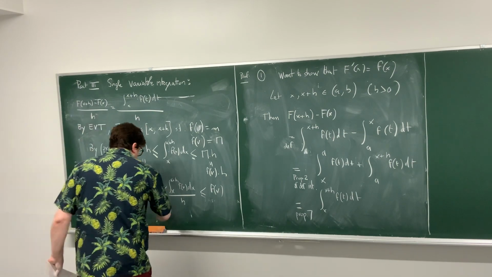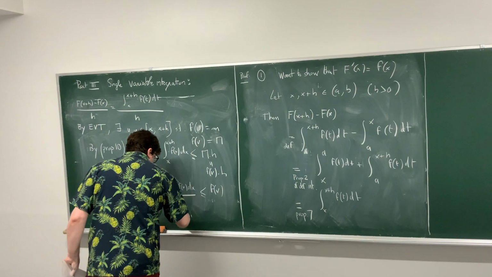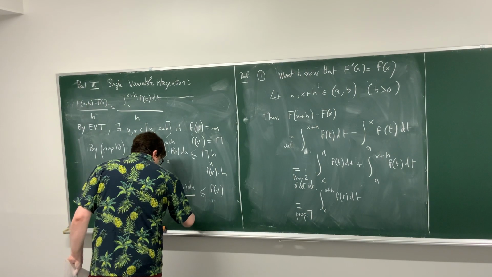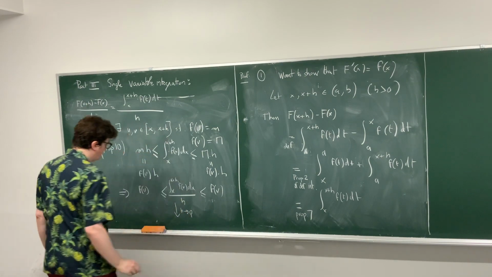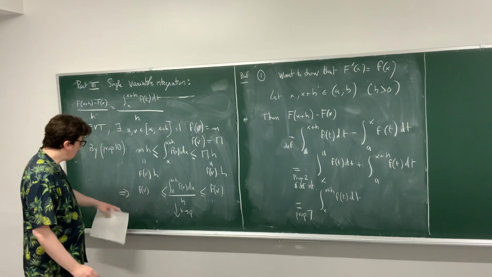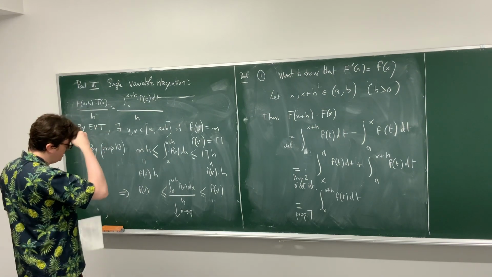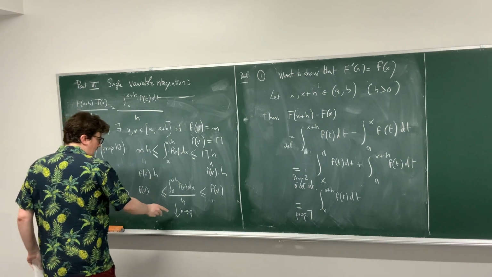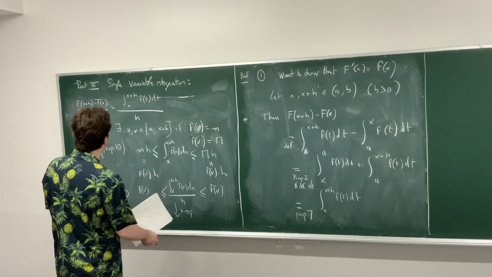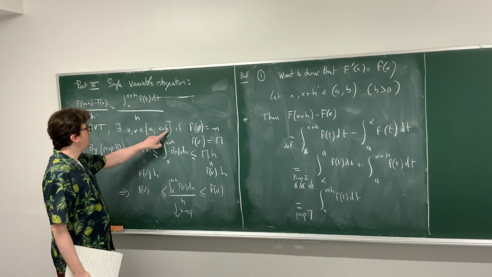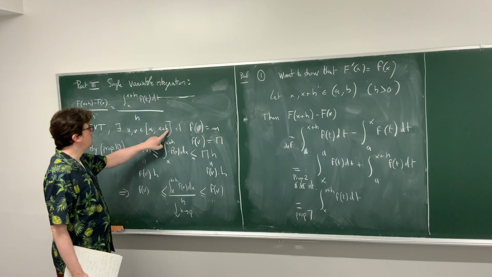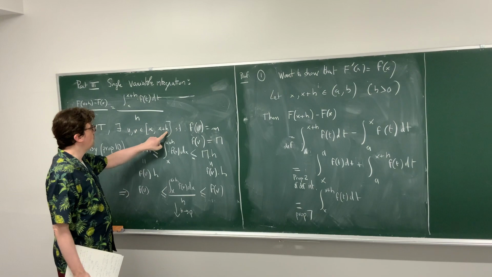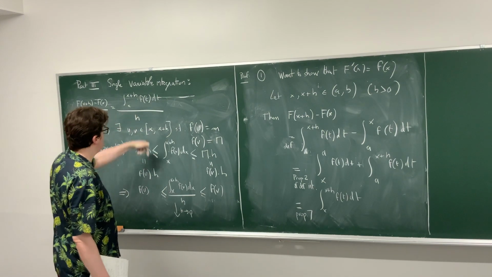So now let's look at what happens when h goes to 0. Well, this is a constant, isn't it? And f of u, so u belongs to x and x plus h, you see? And h goes to 0, which means that u goes to x.